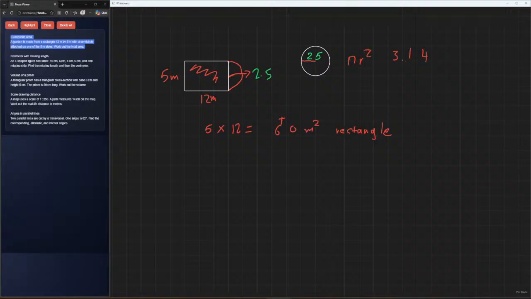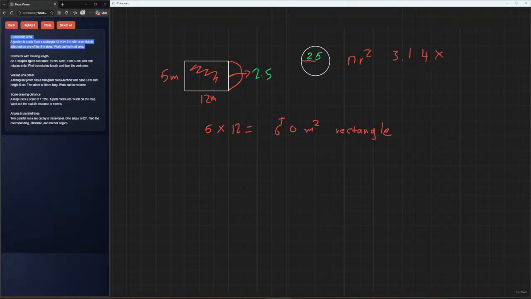It's a longer number, but usually when it's not specified, this is what it is, okay? 2.5 squared. Actually, one second, I forgot one step.